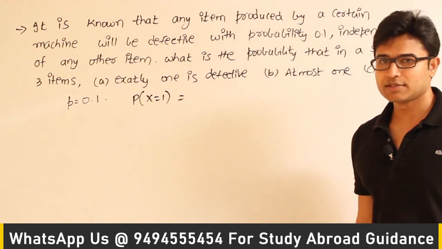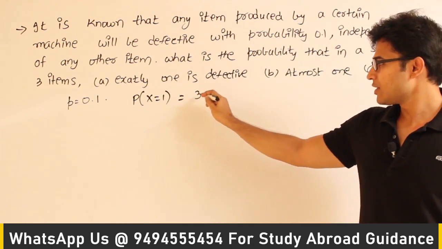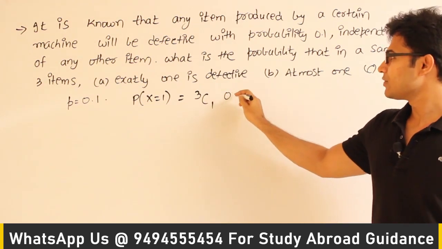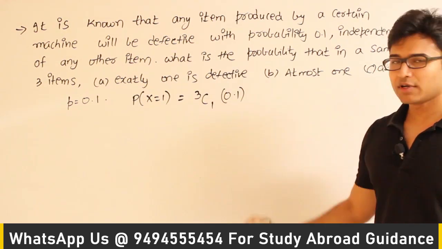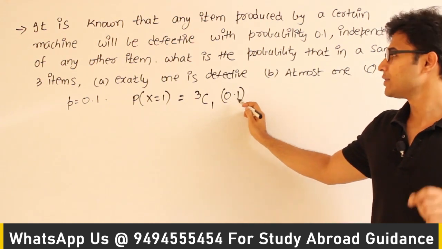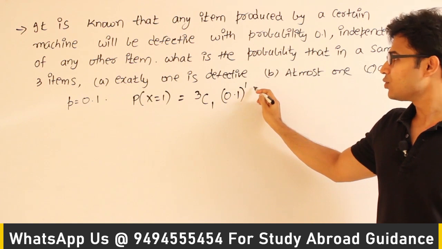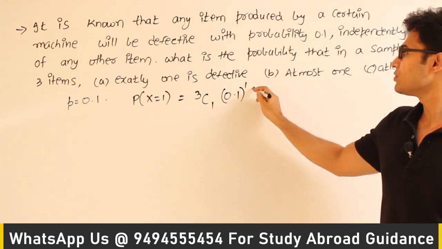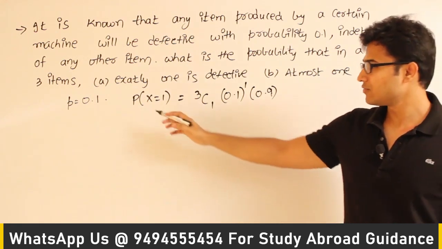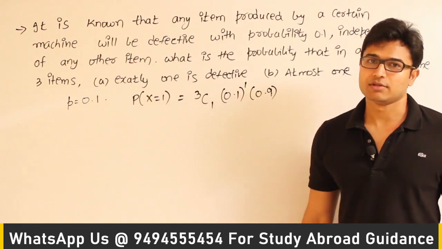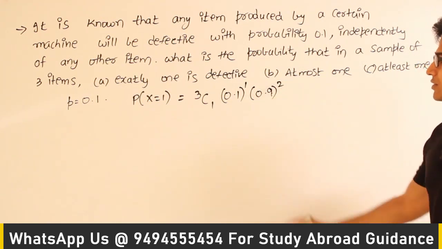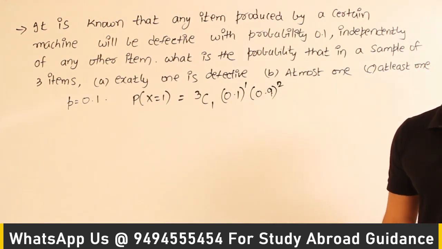Out of 3 pieces, one has to be defective, and that one has probability 0.1, and the other 2 have to be normal. The non-defective probability is 0.9, so 0.9 squared. This is the probability for exactly one defective piece.